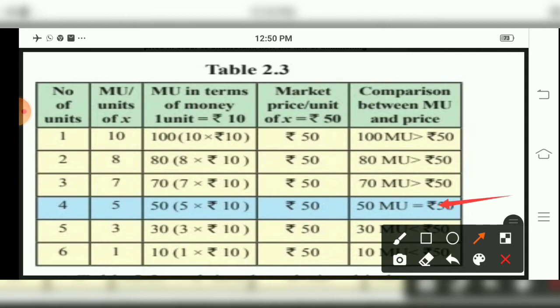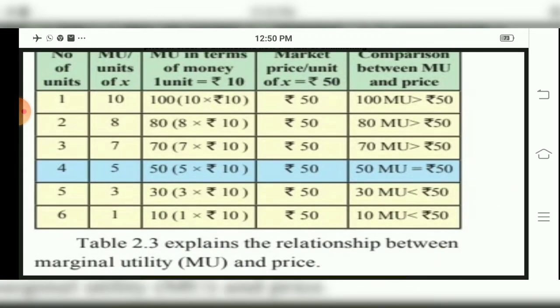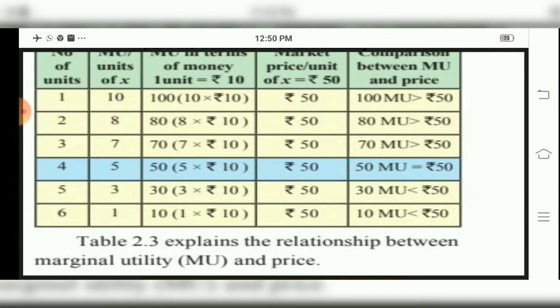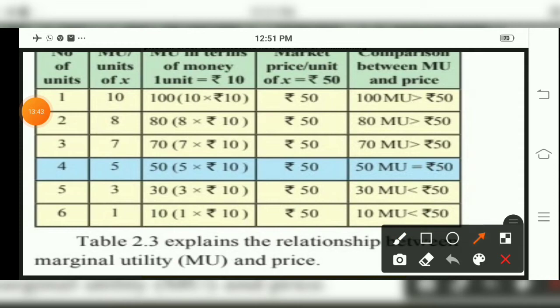And then come to the last one in the table. If you can see, children, in the last two columns, 30 MU is less than rupees 50, which means your price is greater than marginal utility.